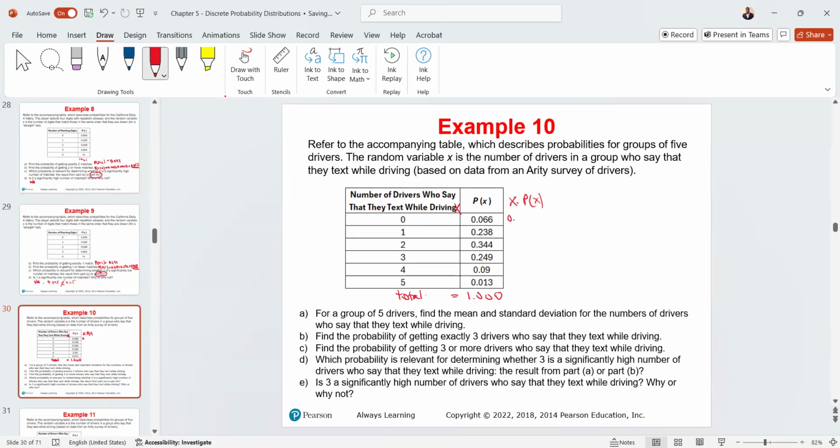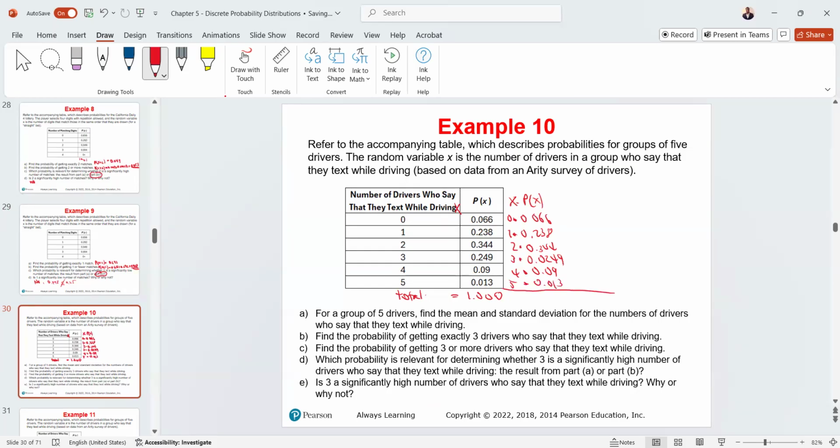Now, to find the mean, remember, you need to multiply all the X's. You do 0 times 0.066, 1 times 0.238, 2 times 0.344, 3 times 0.249, 4 times 0.09, 5 times 0.03.